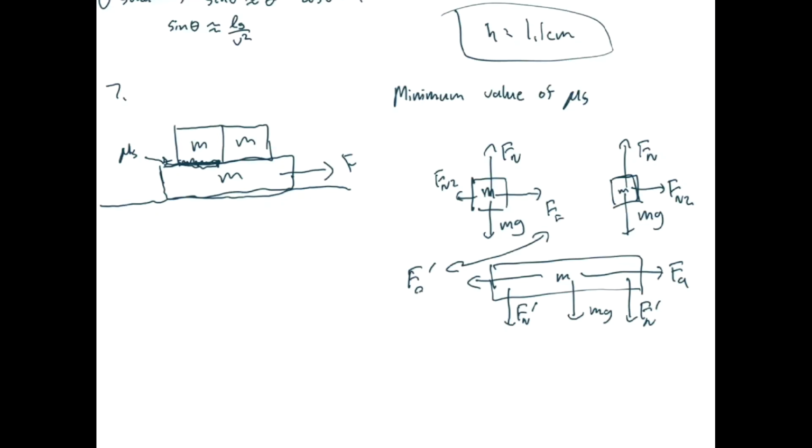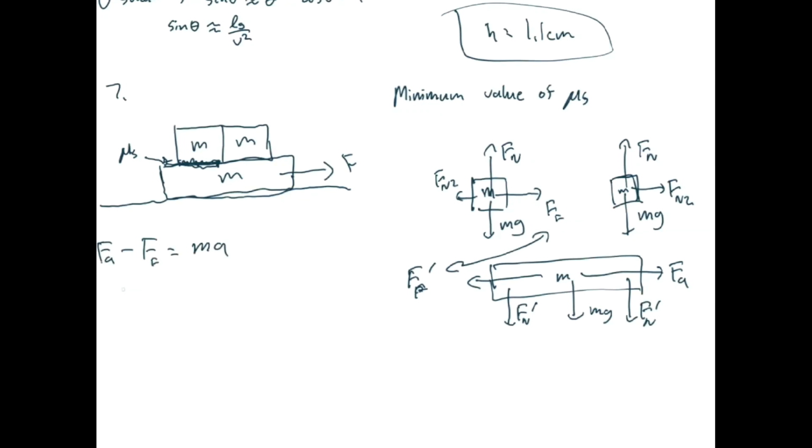So we can just use F equals ma on all 3 of our blocks. If we do it on the bottom box, we have the applied force Fa minus the friction force equals ma.